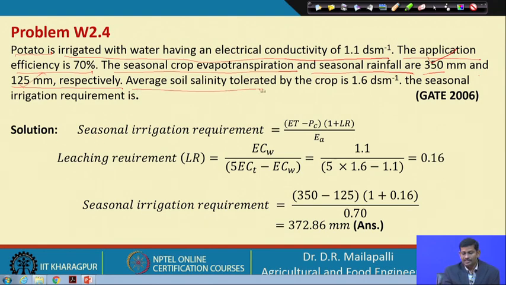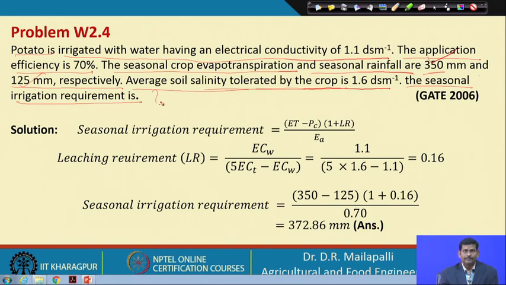The average soil salinity tolerated by the crop is 1.6 decisiemens per meter. This is the crop's salinity tolerance. What is the seasonal irrigation requirement?